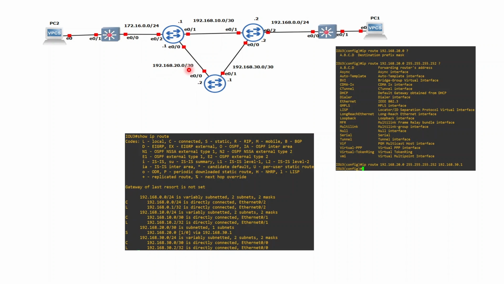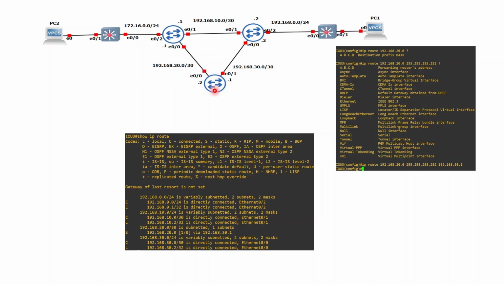Since we want to reach the network 192.168.20.0/30, only this router via this interface knows how to reach it, because first it is directly connected to this network and it also has an address from this network, which is 192.168.20.2.